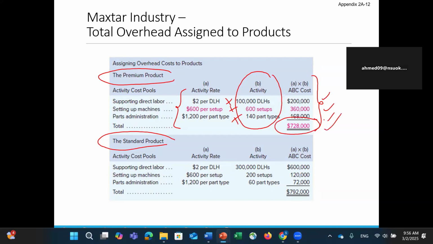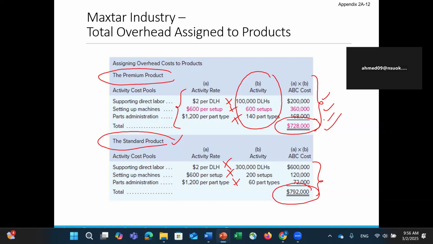We need to have it per unit, okay? And we will find that next. This is the same thing we did. We multiplied these two together, and we added up. We have 792 thousand. Okay. So per unit, how are we going to get it?